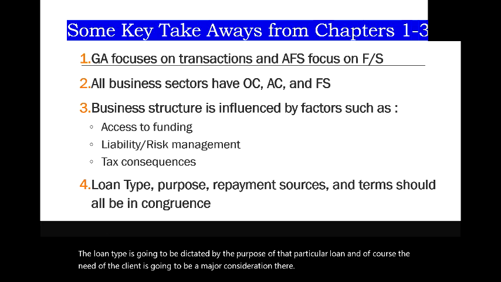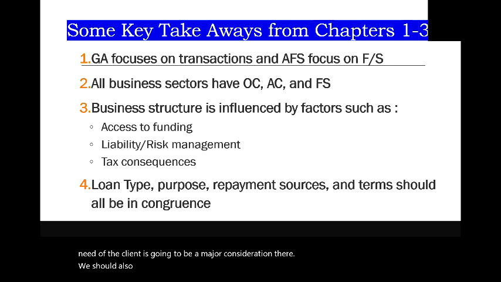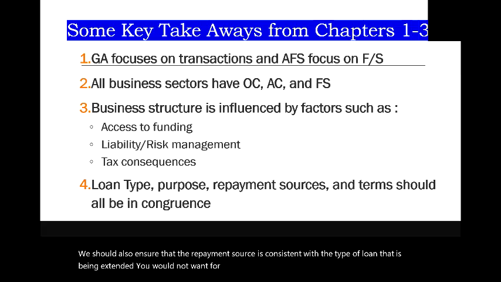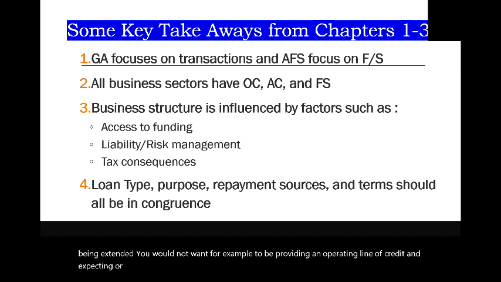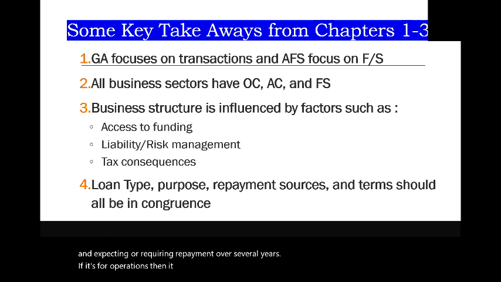We should also ensure that the repayment source is consistent with the type of loan that is being extended. You would not want, for example, to be providing an operating line of credit and expecting or requiring repayment over several years. If it's for operations, then it should be repaid within the operating cycle of that particular business.